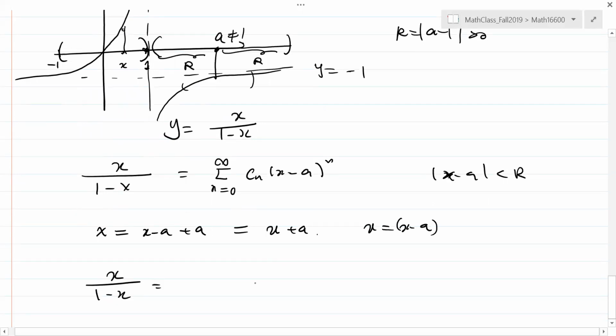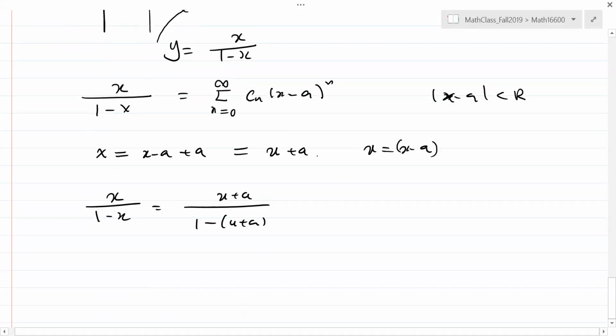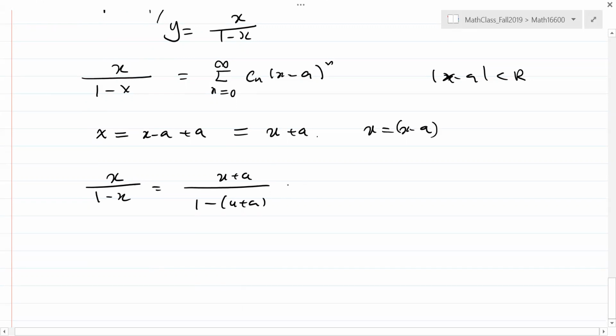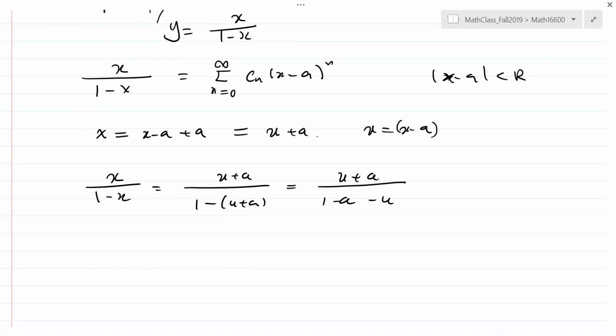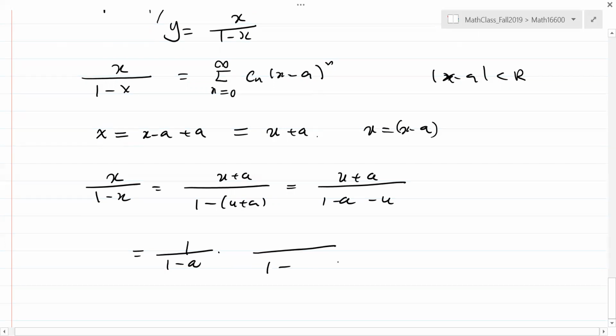It's going to be u plus A over 1 minus u plus A. So what I get is 1 minus A minus u. Well, it's not good, right? So I'm going to take 1 minus A out. So I get 1 minus u over 1 minus A.